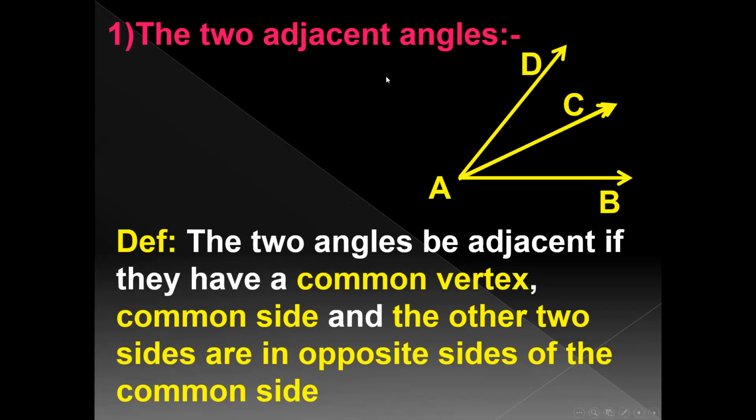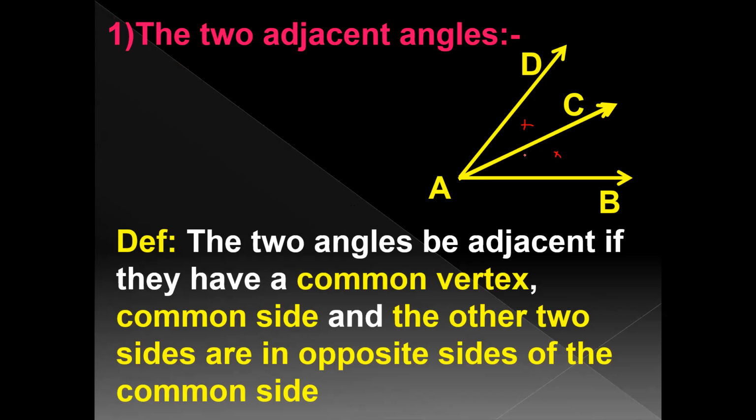As we see, we have two angles. The first angle is DAC, and the second angle is CAB.